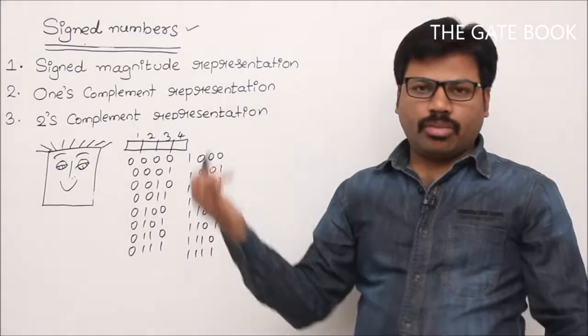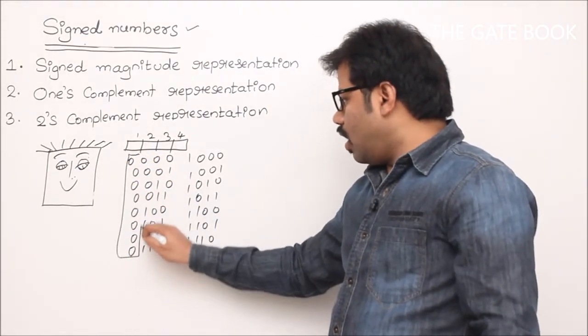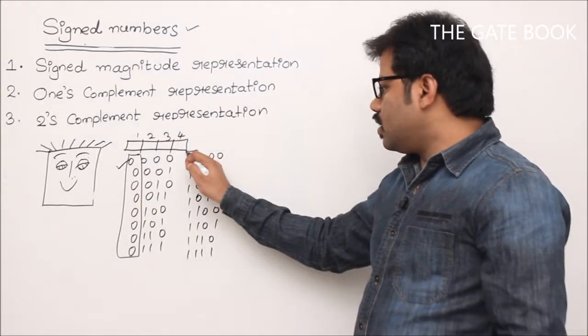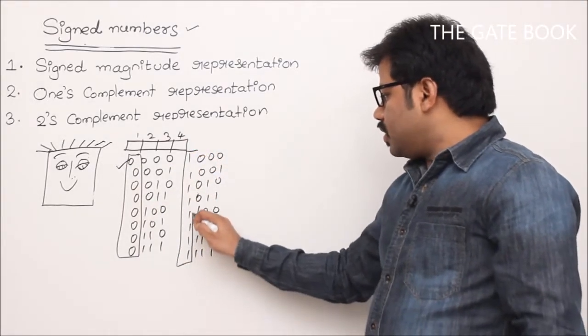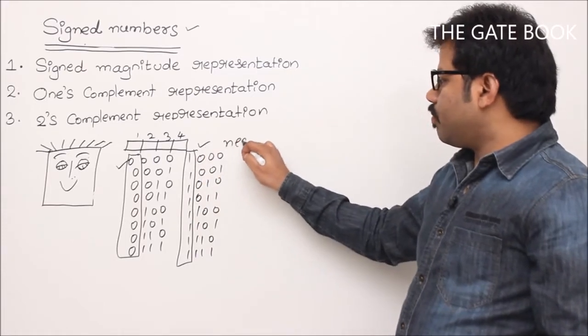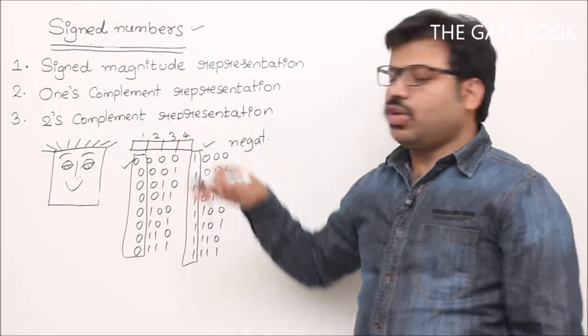Now since we have to represent negative numbers, all the patterns which start with 0 are fixed as positive numbers, and all the patterns which start with 1 can be assumed as negative numbers. So this is the concept in signed magnitude representation.